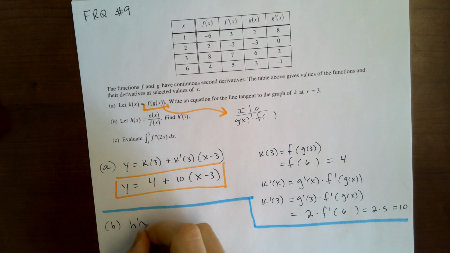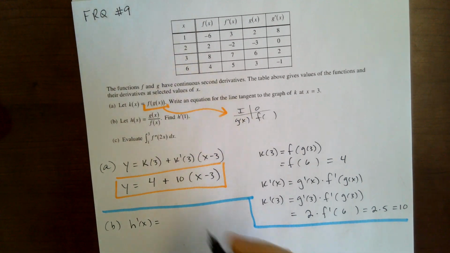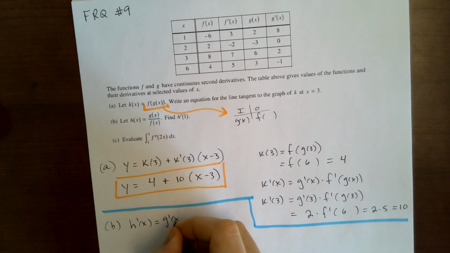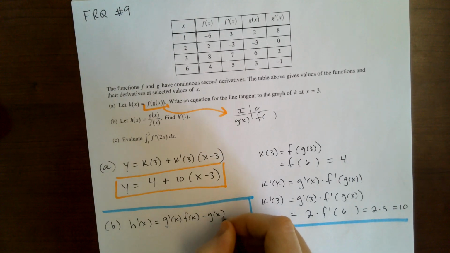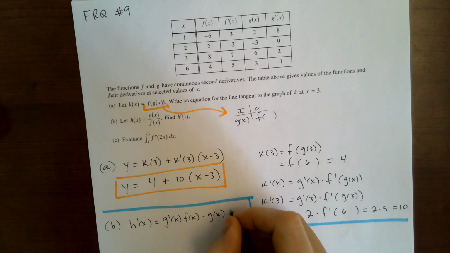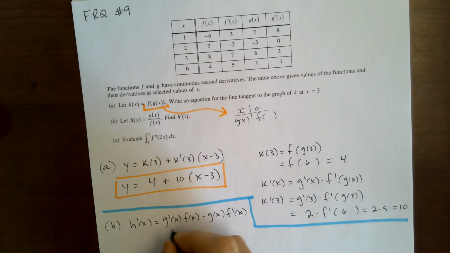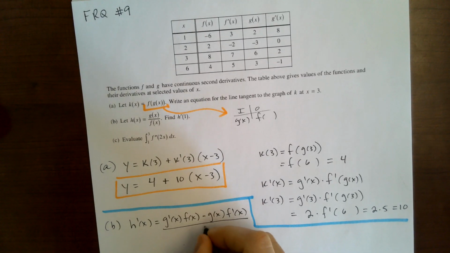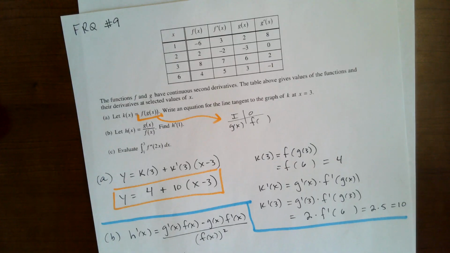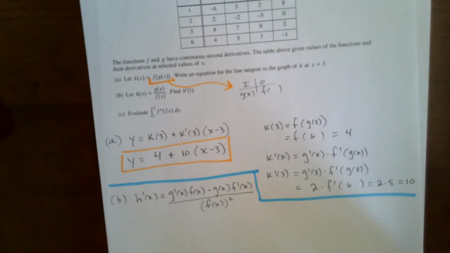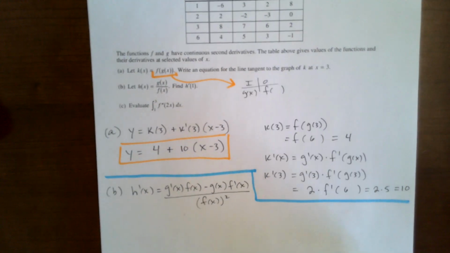So h prime of x is the derivative of the top, and then bring over the bottom, minus the top, and then the derivative of the bottom, all over the bottom squared, okay? That is the quotient rule.